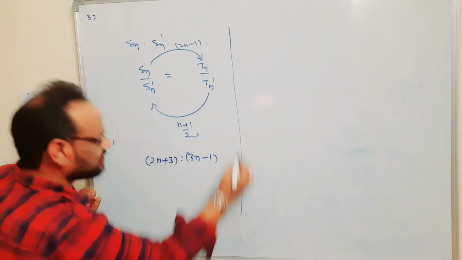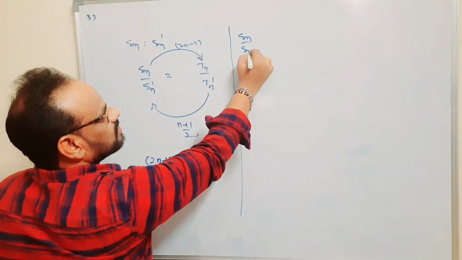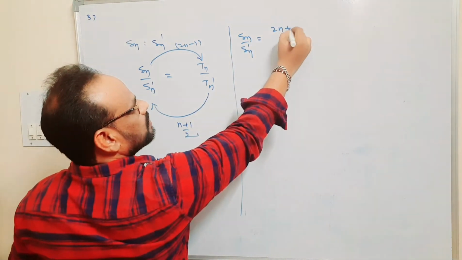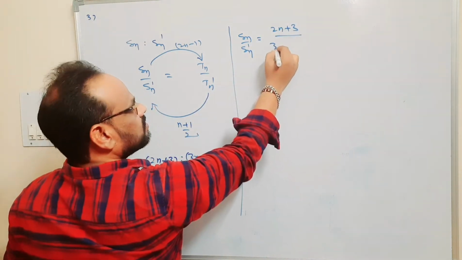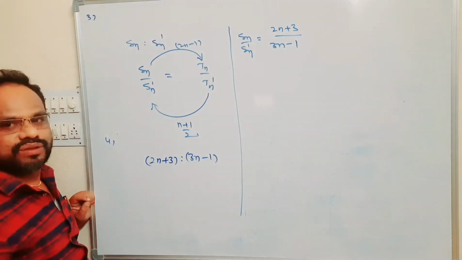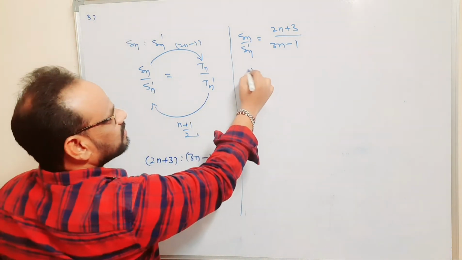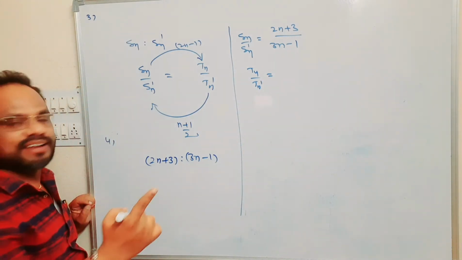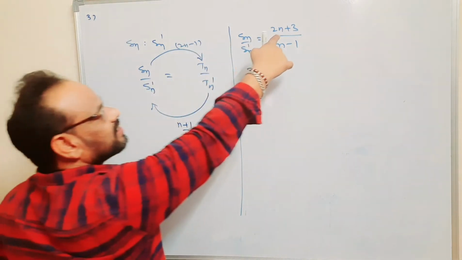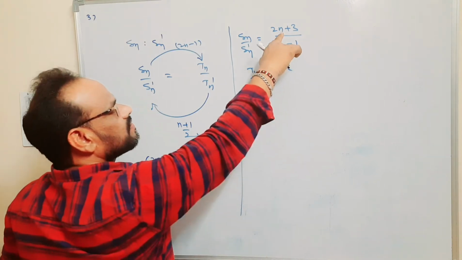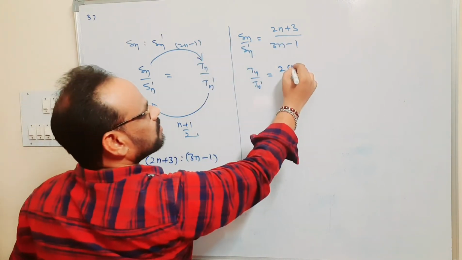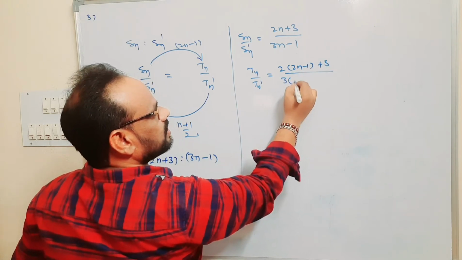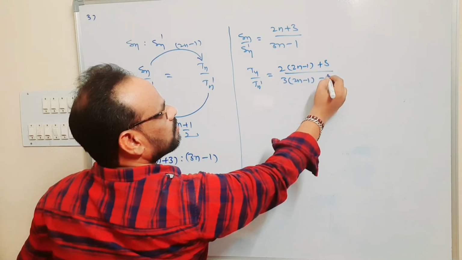So Sn by Sn dash is equal to 2n plus 3 by 3n minus 1. We want Tn by Tn dash. By replacing n with 2n minus 1 in the given ratio, we get 2(2n minus 1) plus 3 by 3(2n minus 1) minus 1.